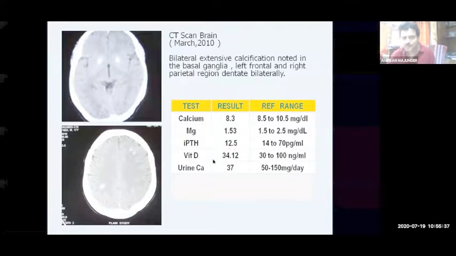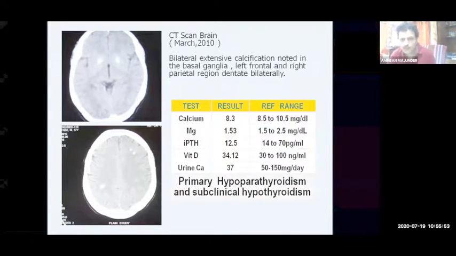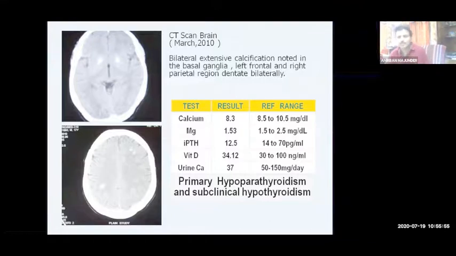So this patient has primary hypoparathyroidism and subclinical hypothyroidism, possibly of autoimmune origin.